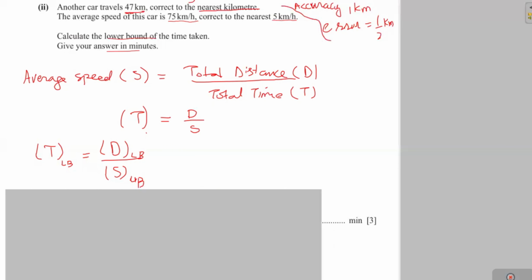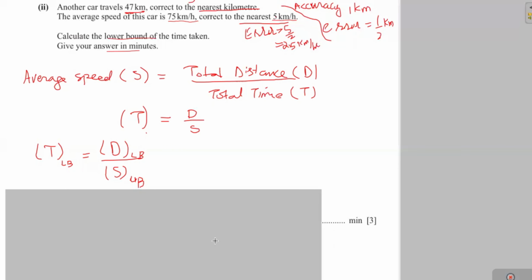And the same here, the accuracy of the speed is 5 kilometers per hour. Therefore, we will write the error is half of this value. Now the error of this value is 5 over 2, and this will be equal to 2.5 kilometers per hour.